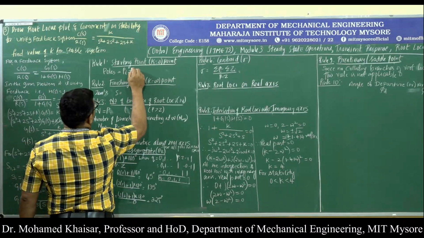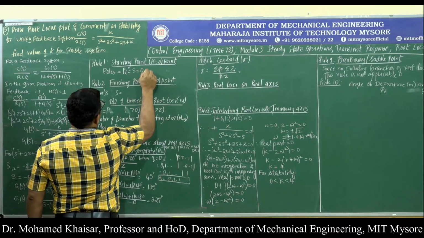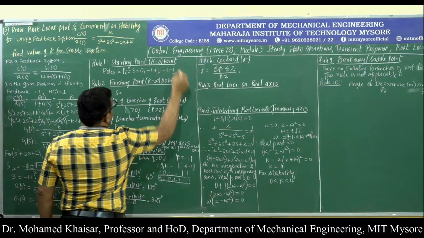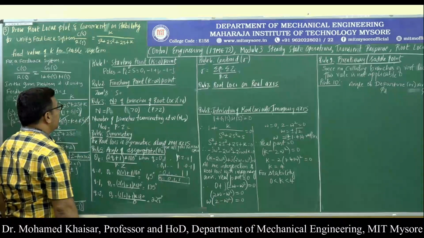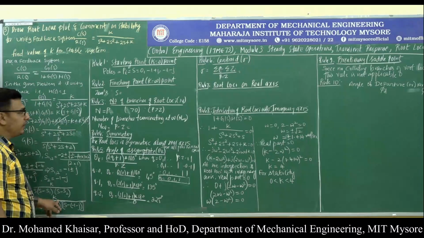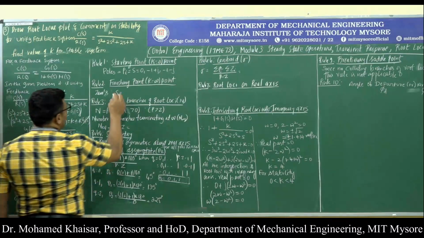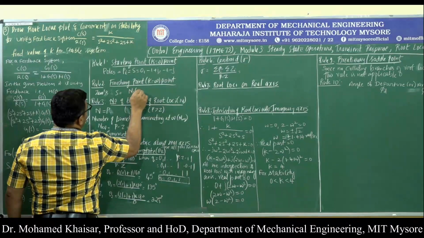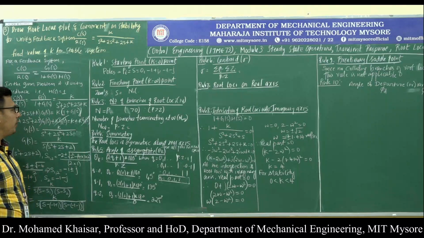These are the poles. Then, finishing points: there is only a constant in the numerator, so there are no finishing points. It is nil.